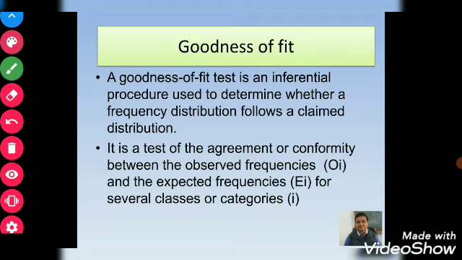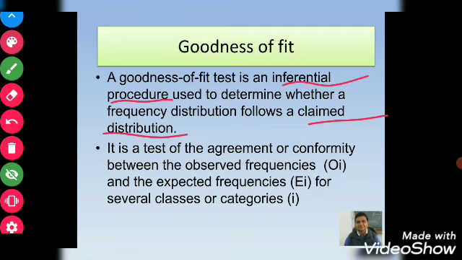A goodness of fit test is an inferential procedure used to determine whether a frequency distribution follows a claimed distribution. That means goodness of fit is about finding the agreement, or conformity, between the observed and expected.